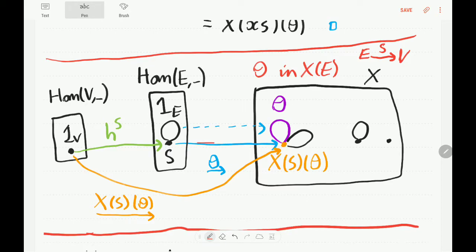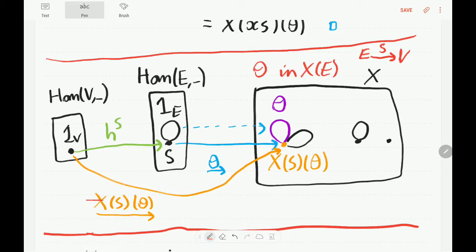And the idea then is that, yeah, this represents theta, but what kind of arrow into X represents the vertex of theta? Well, to get that, we just do theta underlined after HS, okay? And that composition is going to give us an arrow from Hom V comma blank into X.